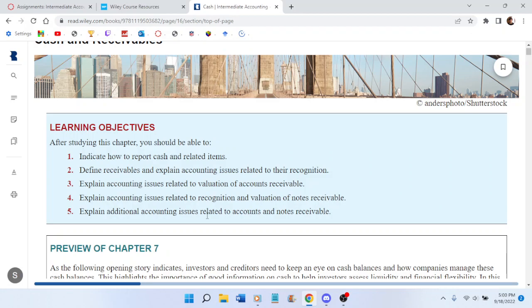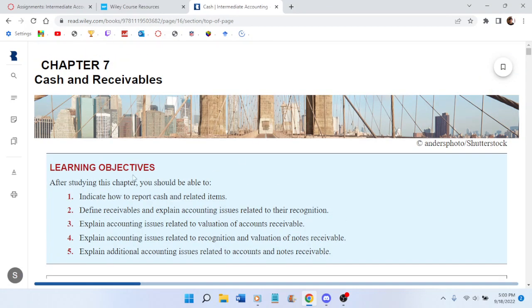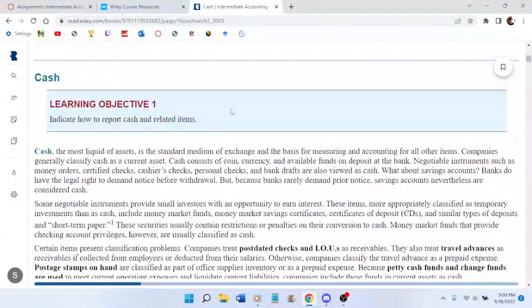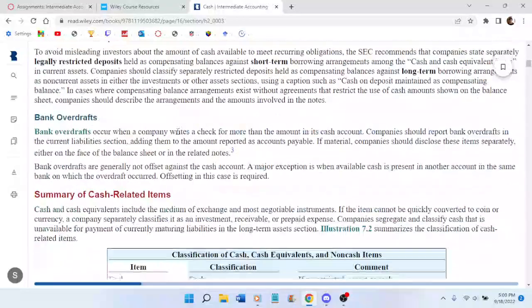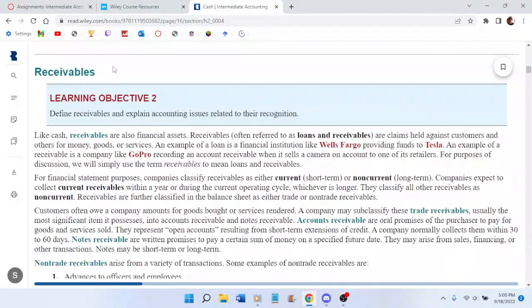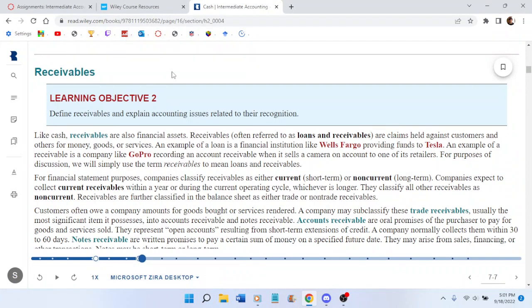There's only 1/7 of the chapter about cash. The rest of the chapter is about receivables. That figures. I thought I was already halfway done, but no, I'm not. In terms of the title, I'm halfway done. In terms of the page number, I'm only 1/7 of the way done. Oh, man.